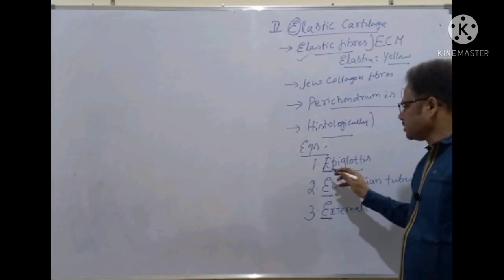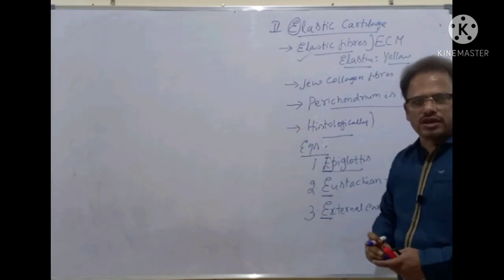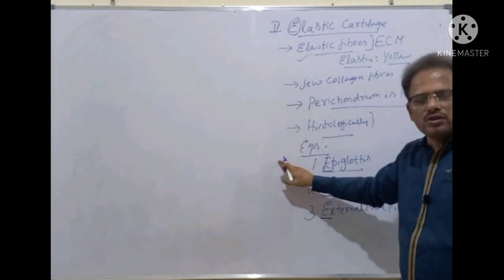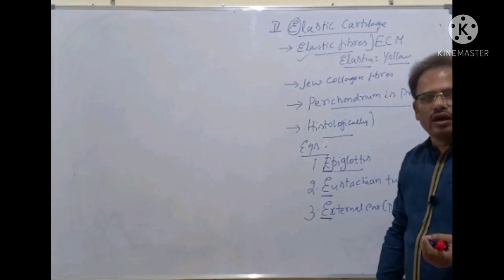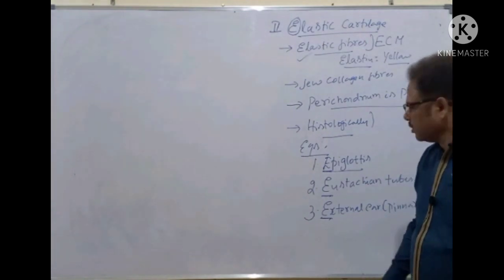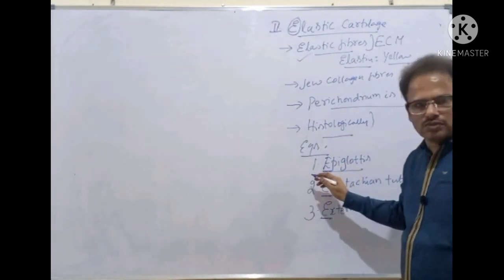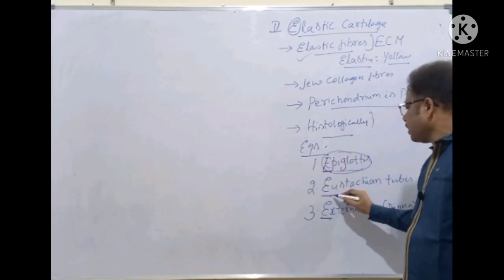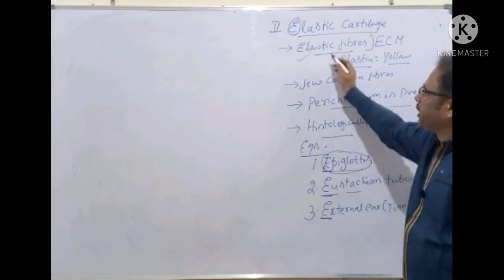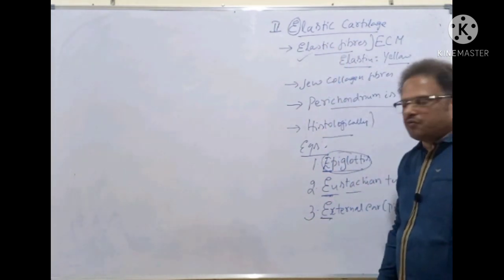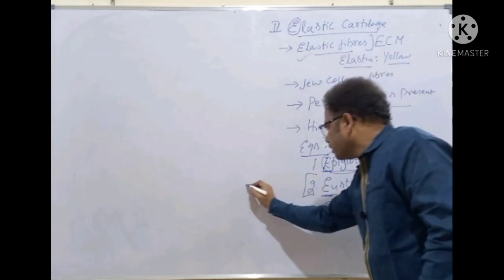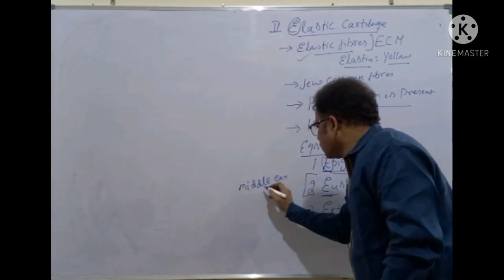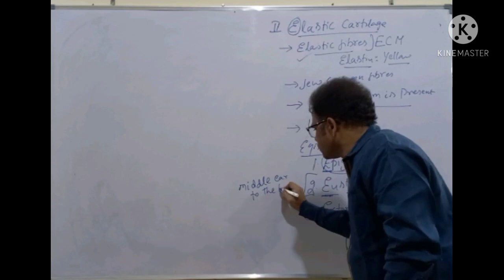What is epiglottis? The cartilaginous flap-like structure which guards the glottis is called as epiglottis, so that the food is not entering into the respiratory system. It prevents the passage of food into the larynx because of the presence of the epiglottis. Next one is eustachian tubes, which are also made of the elastic cartilage, which connects the middle ear to the pharynx.